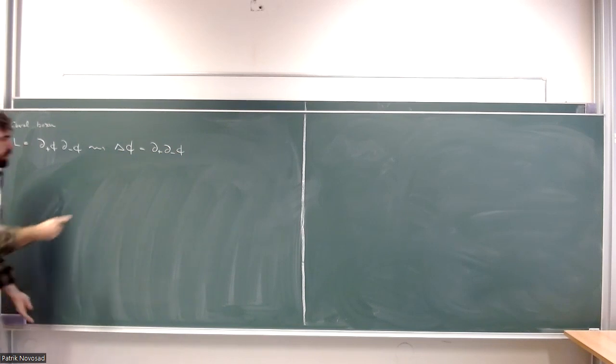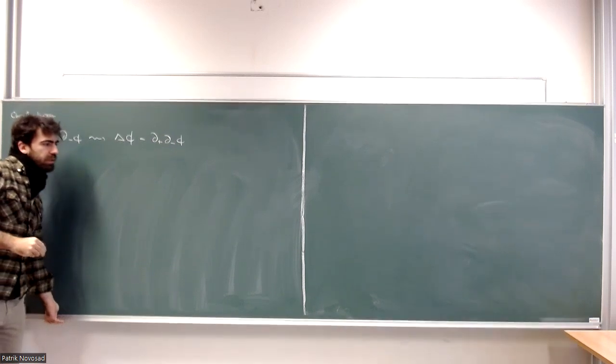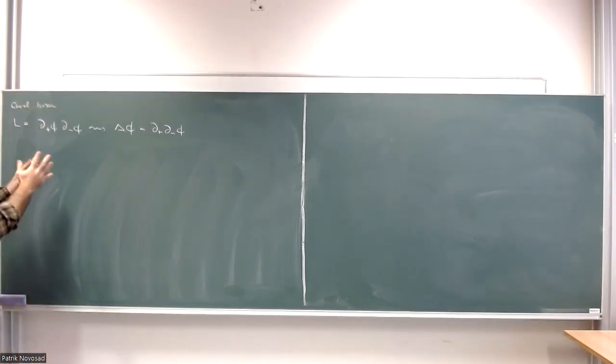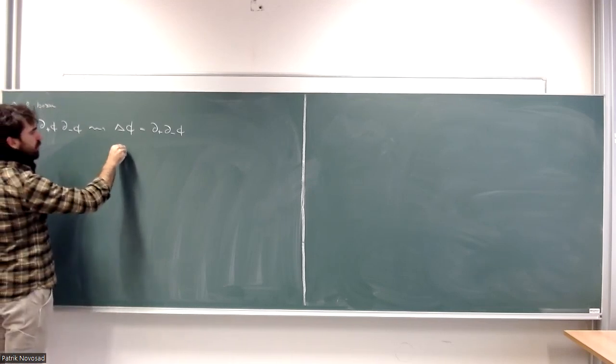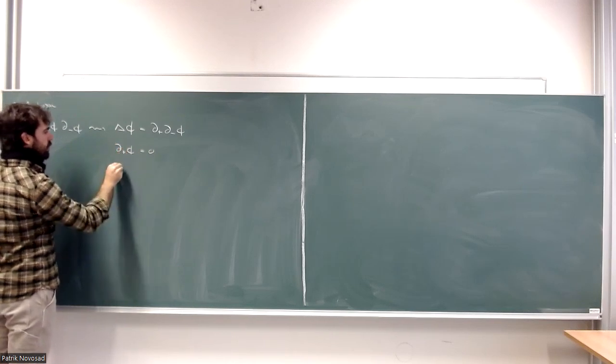In particular, this is solved if one of these operators kills the field. But this is a non-chiral theory. It has both left movers and right movers. Chiral boson, on the other hand, has only an equation of motion which is either del plus phi equals 0 or del minus phi equals 0.